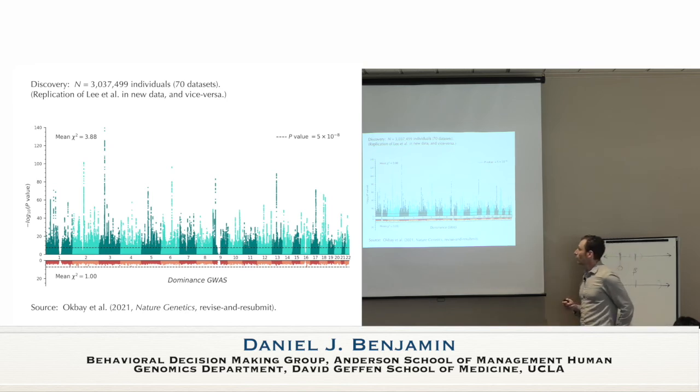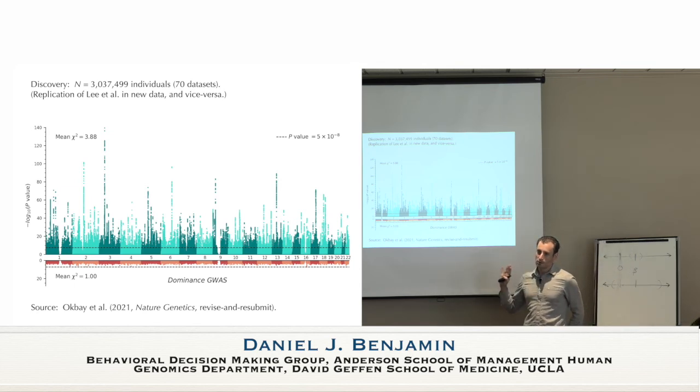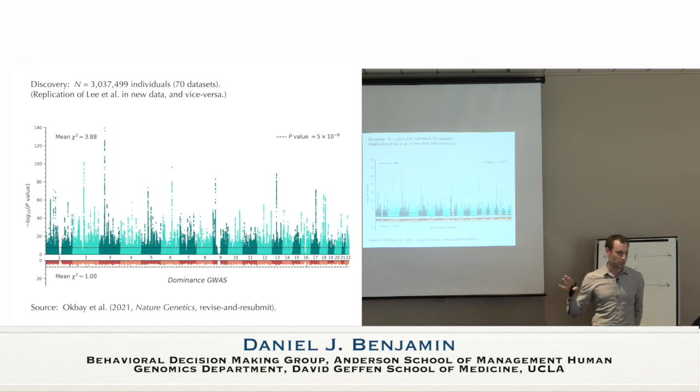Yeah, so on the X chromosome, there were two questions. On the X chromosome, which I'm not showing here, there are a number of interesting results that we looked at in both EA3 and EA4. The highlights: you get hits, about the number of hits you would expect given the effective number of loci on the X chromosome relative to the autosomes. We find some X activation in women for SNPs that are relevant for educational attainment.